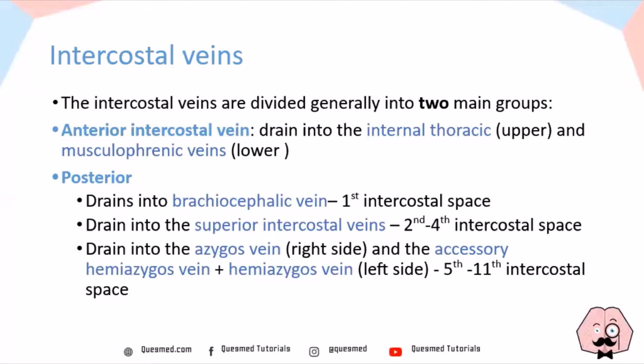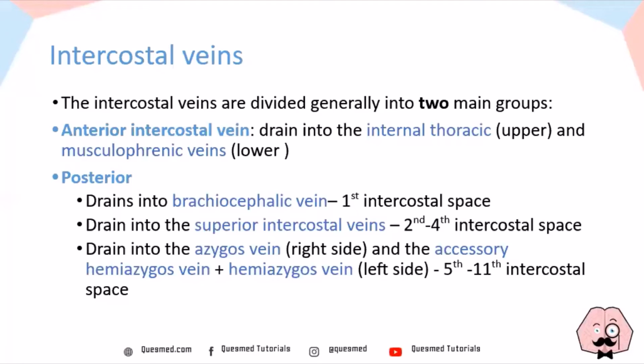Your anterior intercostal veins drain into your internal thoracic vein, which is also called your internal mammary vein. The upper ones go to the internal thoracic, and the lower ones go into your musculophrenic veins. Your musculophrenic and your internal thoracic are continuations of the same vein.